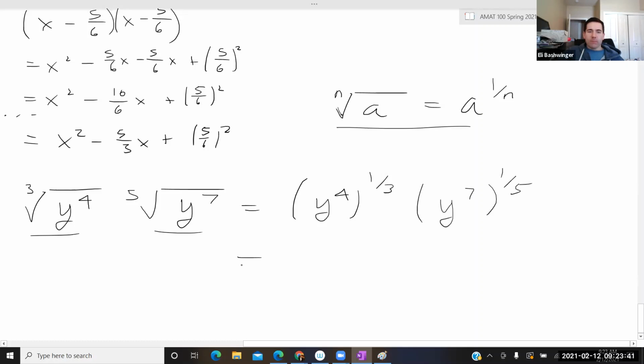The way exponents work is that if you have a to some power p and raise it to q, it's the same as multiplying the two powers.